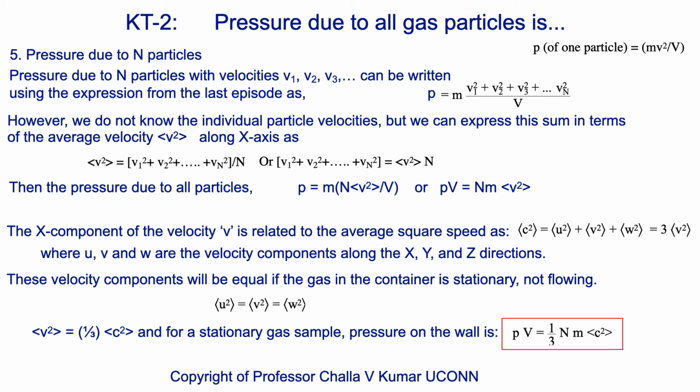You can convince yourself by explicitly writing the units and reducing them into joules. Okay? It goes 1/3 N m c squared. And so that's the kinetic energy, right? 1/3 is a constant, N is the number of particles, m is the mass multiplied by c squared. So you know 1/2 m c squared is kinetic energy.